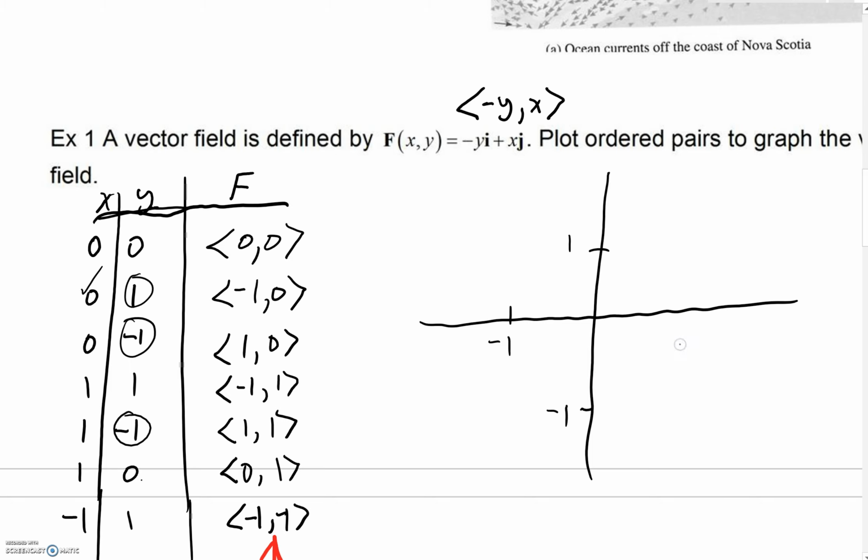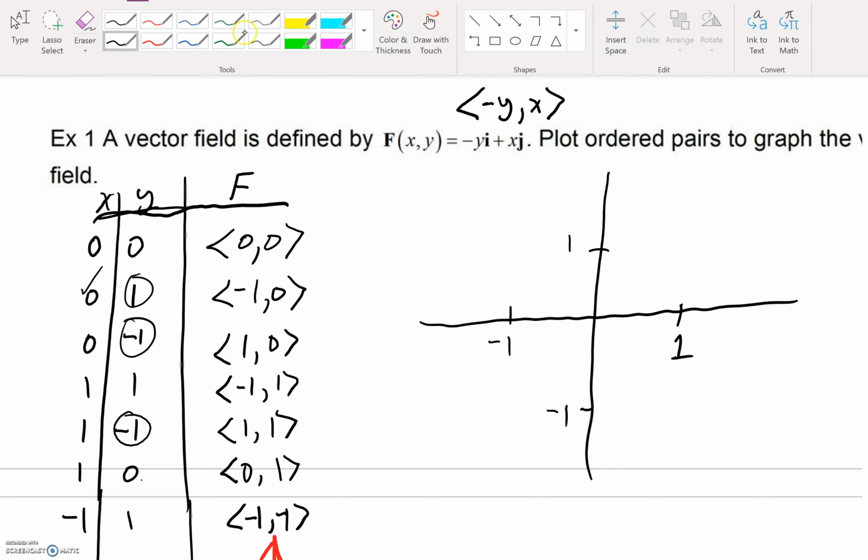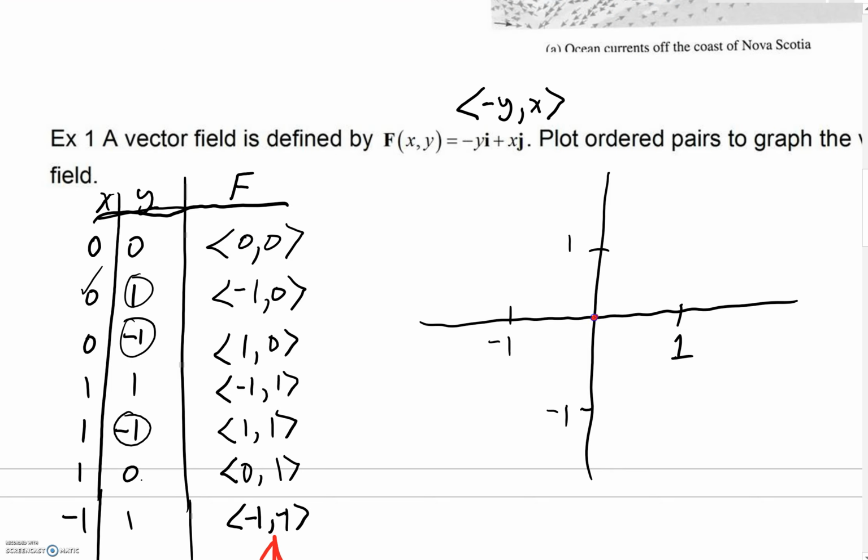The spacing isn't quite ideal, but you get the idea. At 0, 0, the 0 vector, it's going to have 0 length and 0 direction. But if we went to the point 0, 1, that's right up here. It's telling us to go left 1 and don't go up or down any.